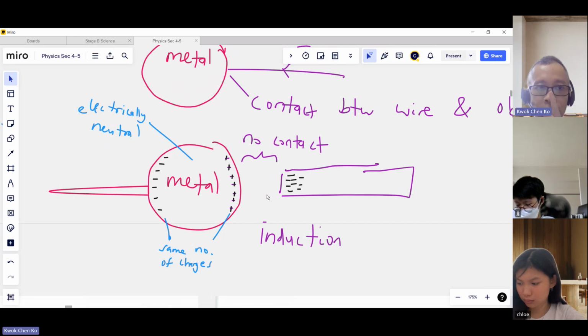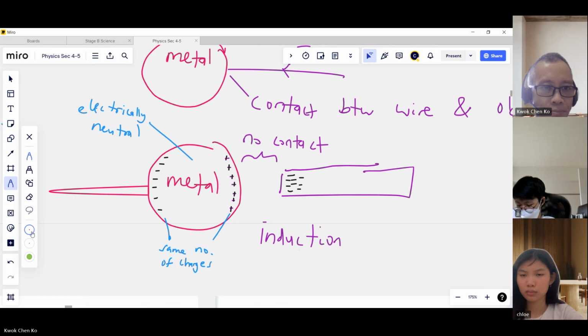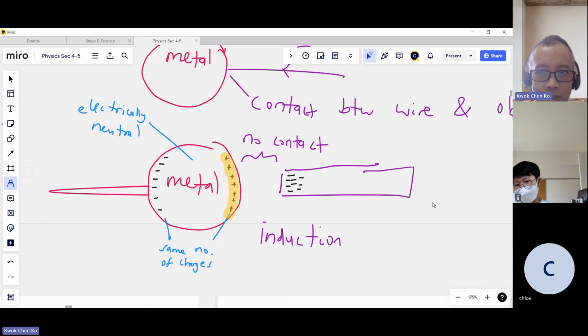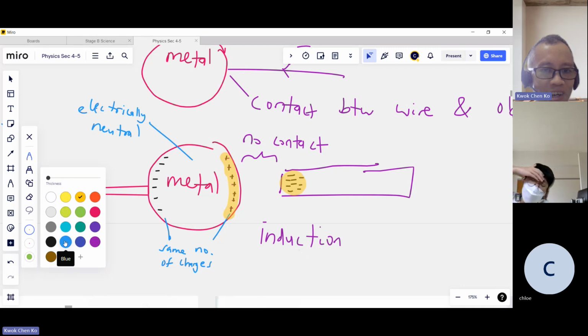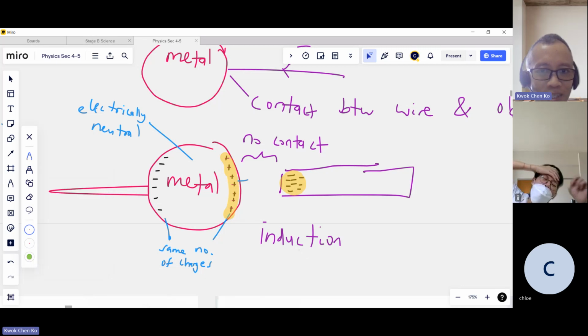Now, one last thing, theoretically, because these two are opposite, I have positive here, I have negative there. So in theory, they actually experience an attractive electric force.